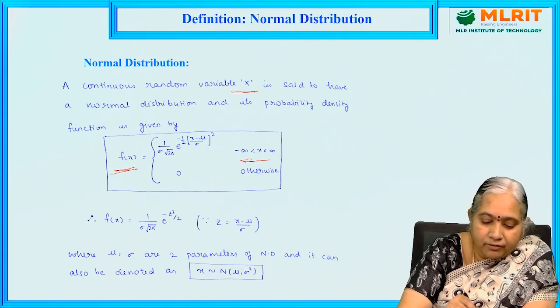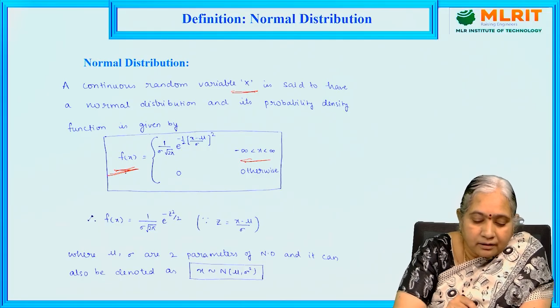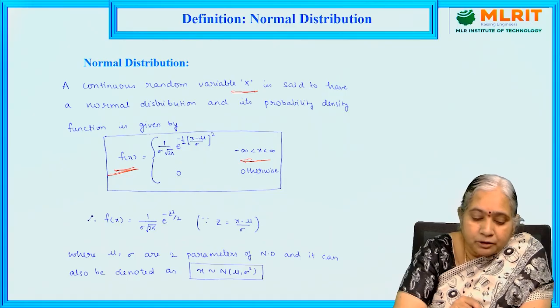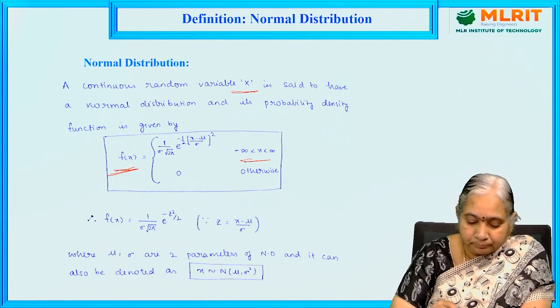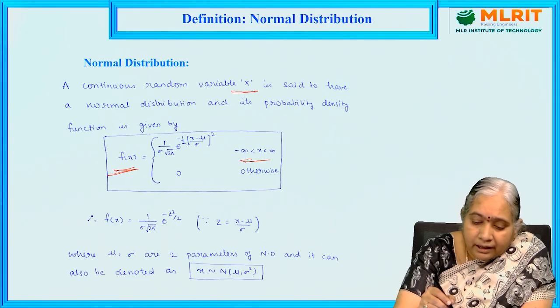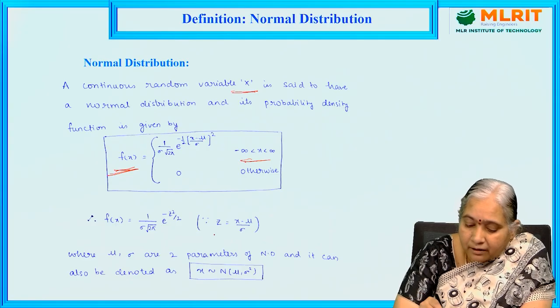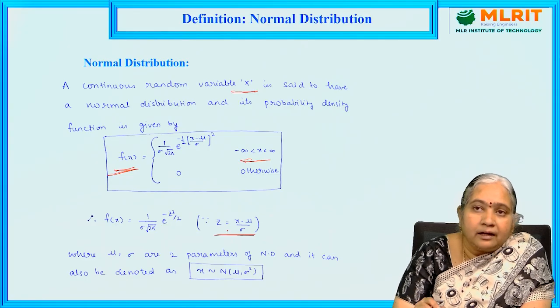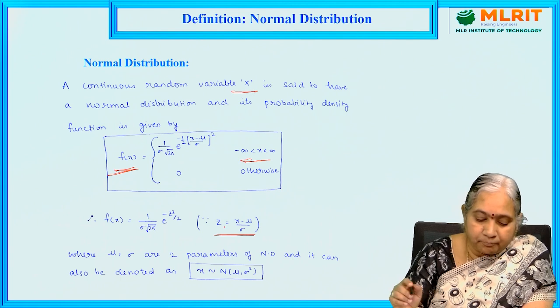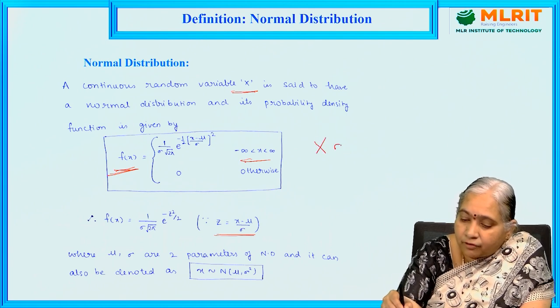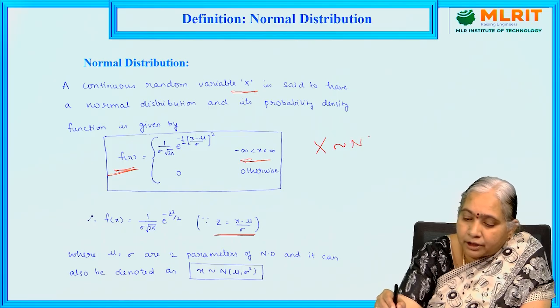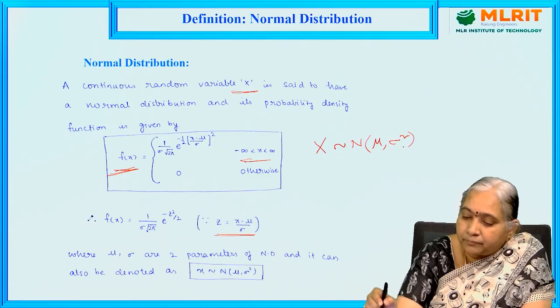So this f of x is called normal distribution, probability density function of normal distribution. So here x minus mu by sigma is a normal variable z, and the normal variable capital X follows normal distribution with the parameters mean mu and variance sigma square.